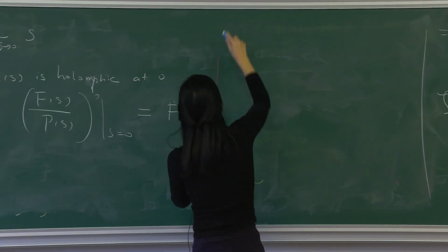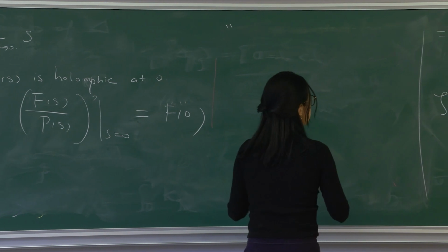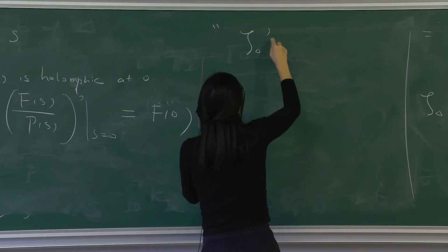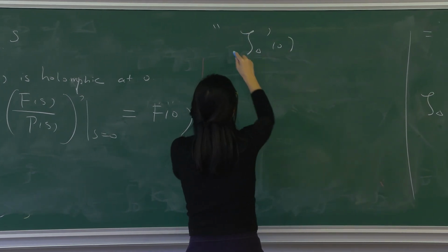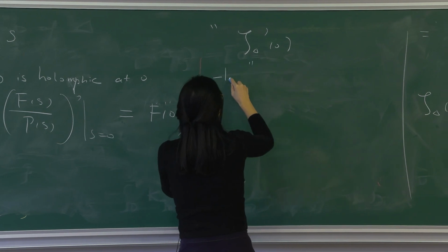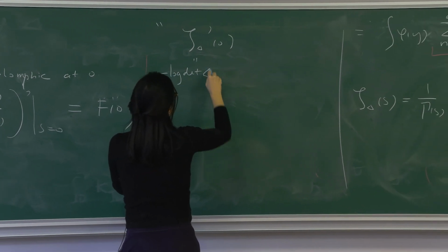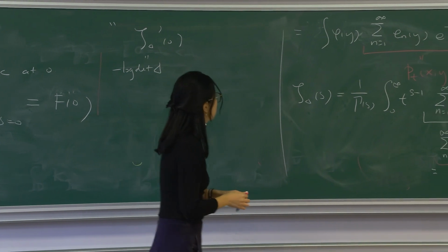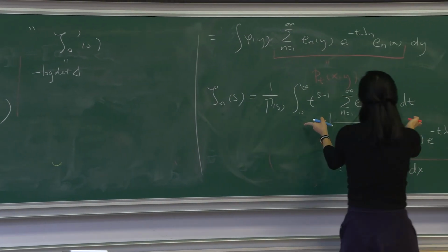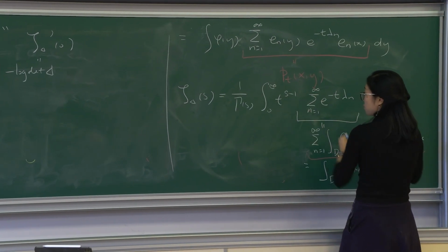So this heuristic would tell us that minus the log determinant of the Laplacian should be the term which is here with s replaced by 0.